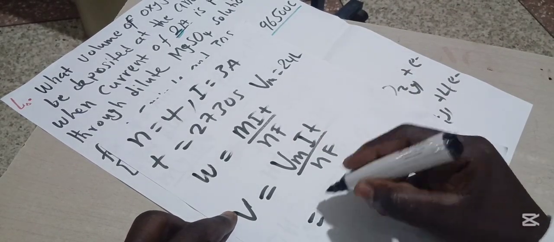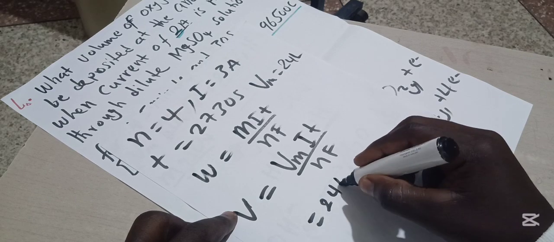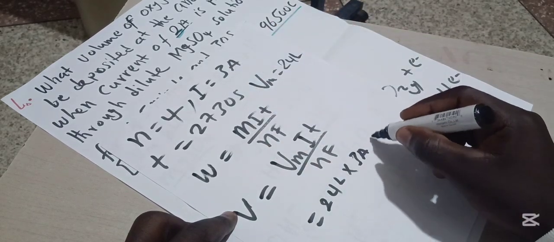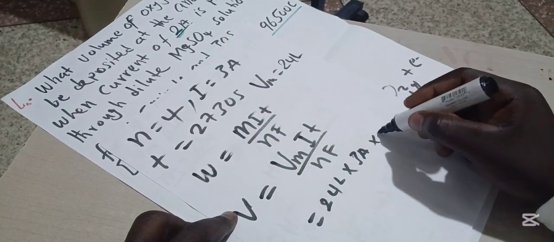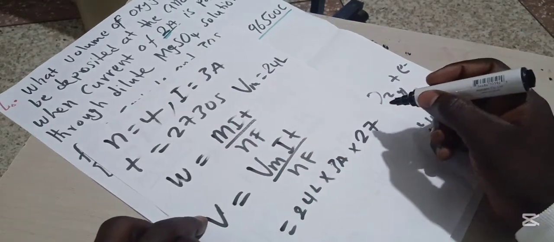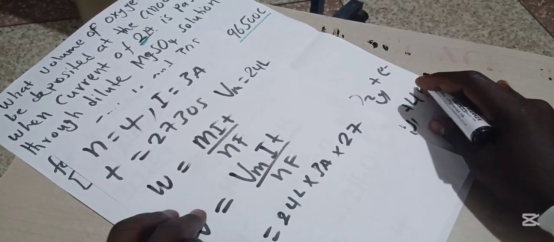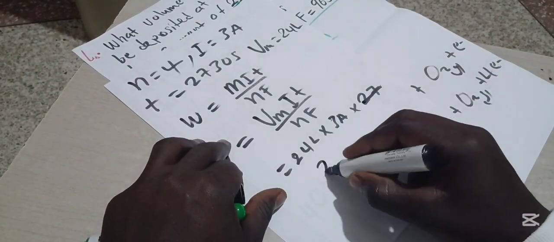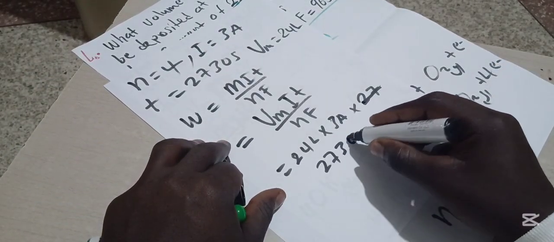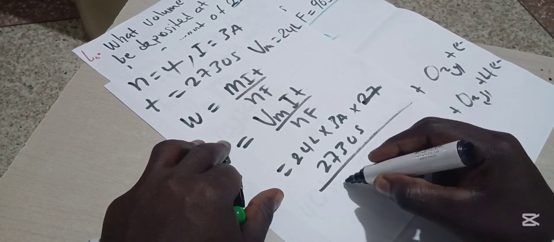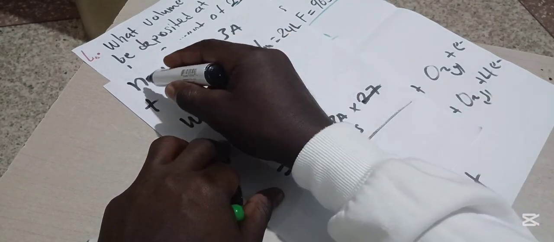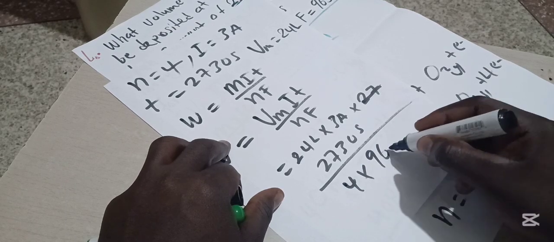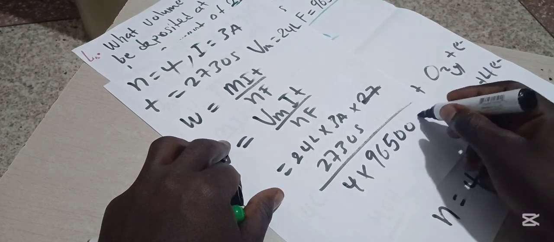So now let's proceed. So we are going to get 24 liters by our current, which is 3 ampere, by our time, which is 2730 seconds, all over our n factor, which we know to be 4, by Faraday's constant, 96500.